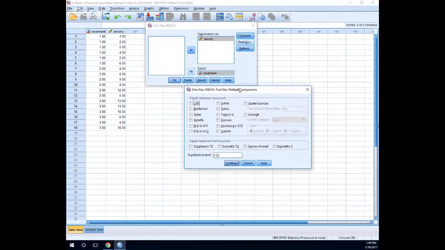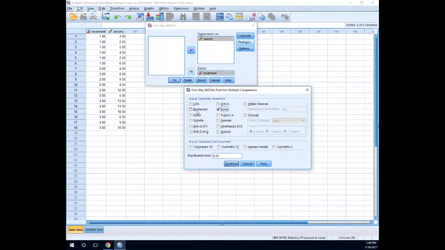And so when we click on post-hoc, this box opens up and we have Tukey's right here. Another option that one might adopt is utilizing sort of a Bonferroni approach, which basically takes a family-wise alpha level and divides it up into the number of tests so that you get a per-contrast level of alpha for each test.